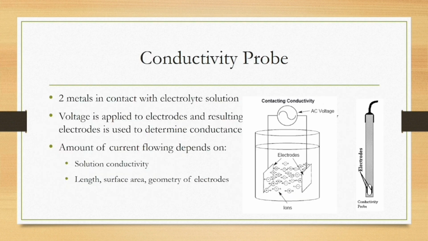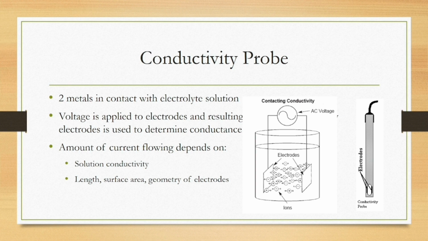So you can see we have 2 plates coupled with a voltmeter, and around the voltmeter we apply alternating current, or AC voltage. When they come in contact with the ionic solutions, which carry different charges, the negative charges are attracted to the positive pole, and the positive charges are attracted to the negative pole.